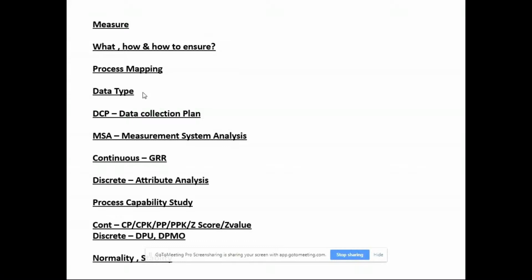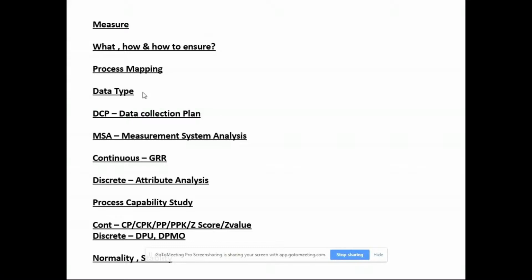CP and CPK, right? Do we know how to calculate CPK? Do I know the formula? No. So CPK is with respect to capability on the upper side and capability on the lower side. So CPU and CPL, right?